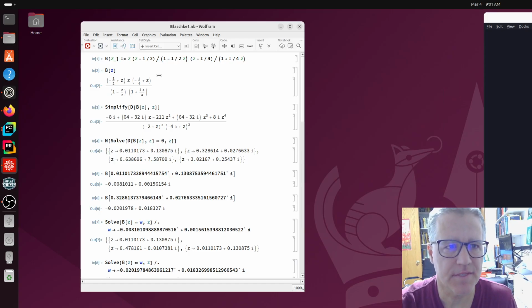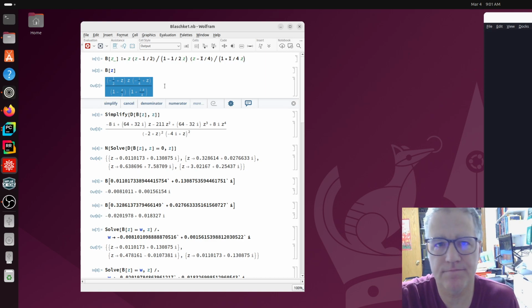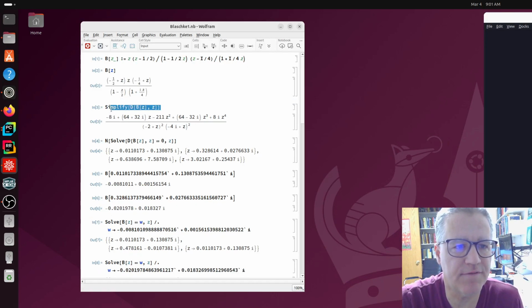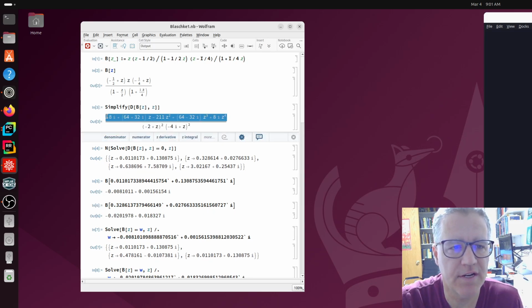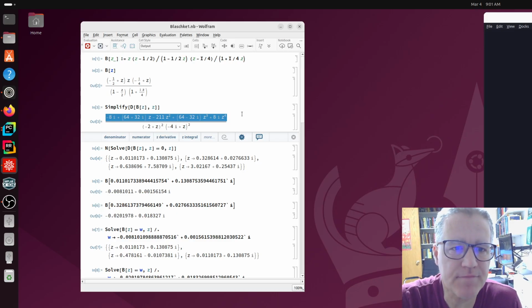So I'm going to minimize that. All right, so I've defined my Blaschke product here, and we can see it's a little bit out of order here, but this is indeed that last Blaschke product we were looking at. Now I'm going to take the derivative and simplify this, and notice we're going to look for 0. So we'd want this numerator, and we see that it is 4th order.